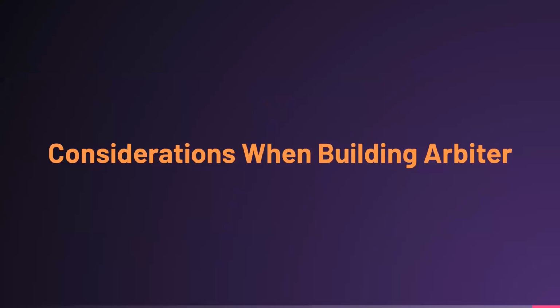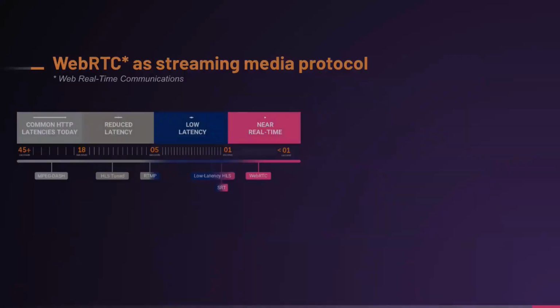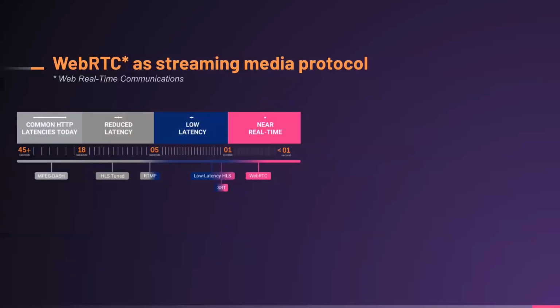So let's turn now to some of the considerations we faced when building Arbiter. One of our first questions was, which streaming media protocol is best for the Arbiter use case? A streaming media protocol is a set of rules that governs how data is transferred between devices. For Arbiter, we identified three critical factors. First is latency.